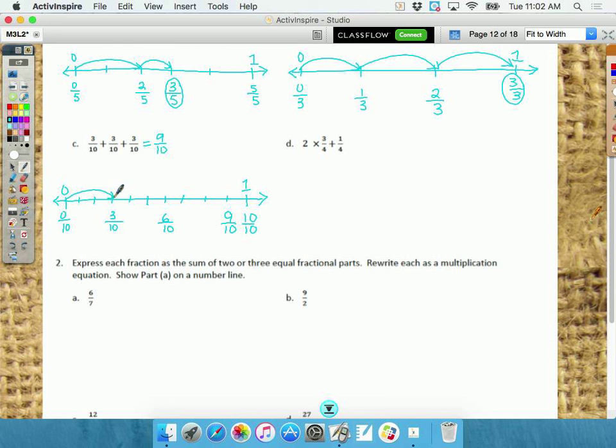And then I just hop to those points. And what do I like you to do to help me out? Circle the answer. Okay? Lexi, how would you write this as a multiplication problem?